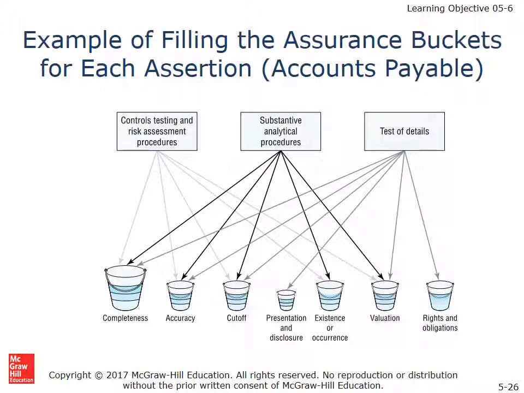So during this process, you may determine valuation, existence or occurrence. You're using cutoff, accuracy, completeness. That's how you're filling your bucket. Test of details. You'll fill certain buckets with that information, and then your substantive analytical procedures. So that when your buckets are full there for those various assertions, you feel comfortable about your overall assurance level.